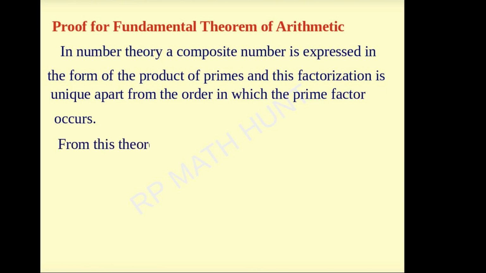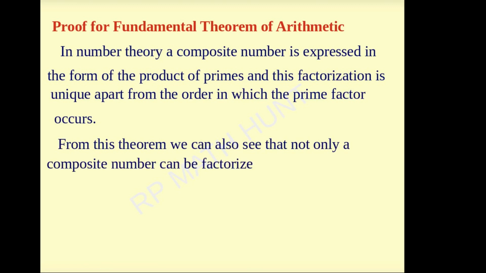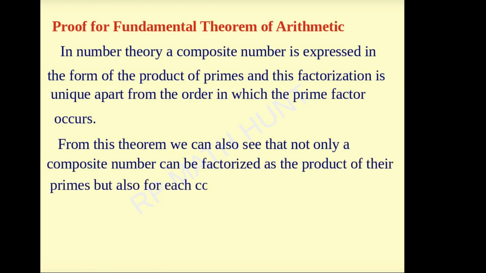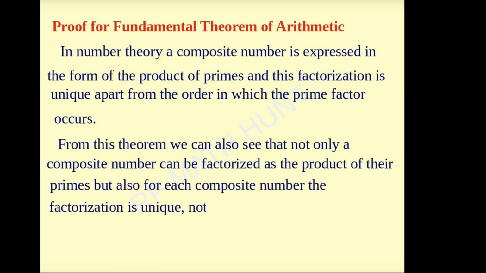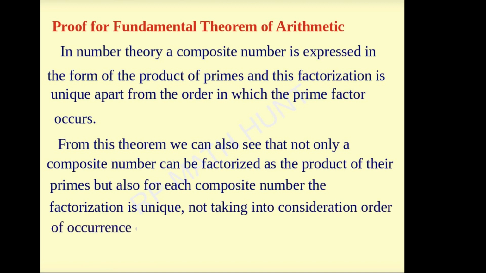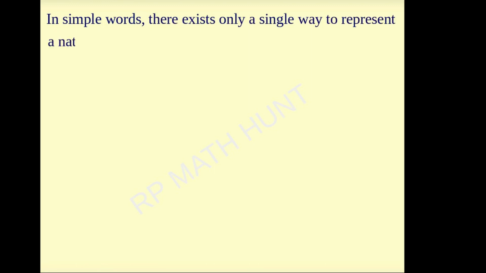From this theorem, we can see that not only can a composite number be factorized as the product of primes, but the factorization is unique, not taking into consideration the order of occurrence of the prime factors. In simple words, there exists only a single way to represent a natural number as the product of prime factors.